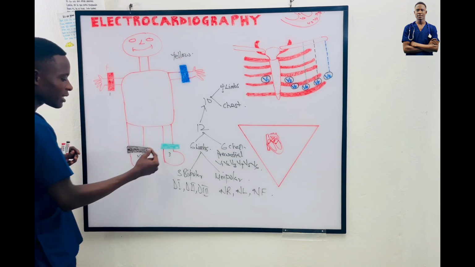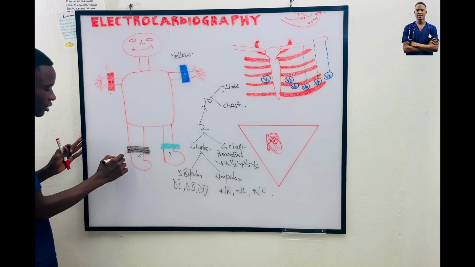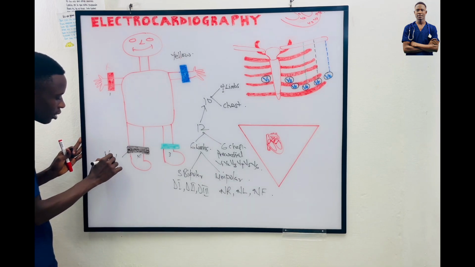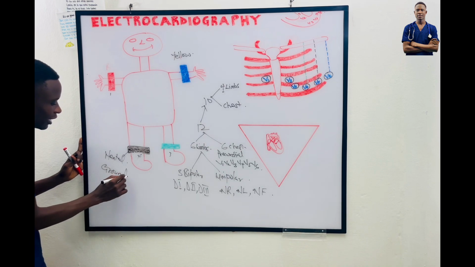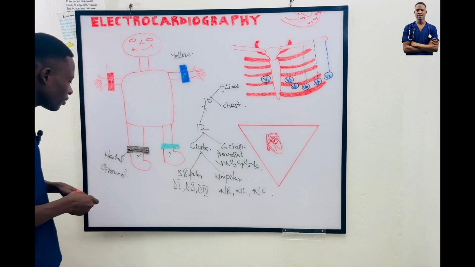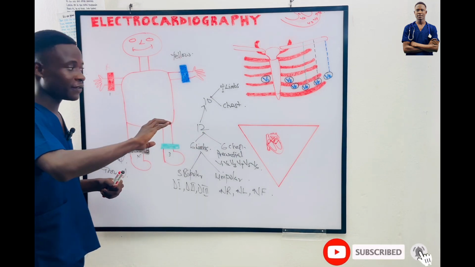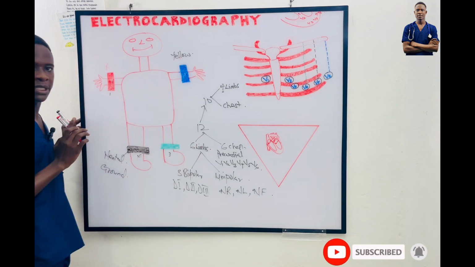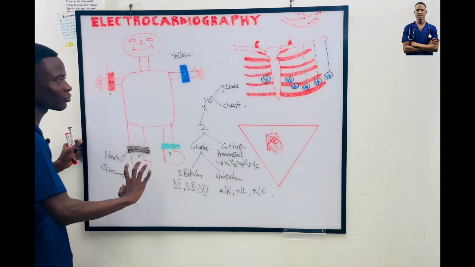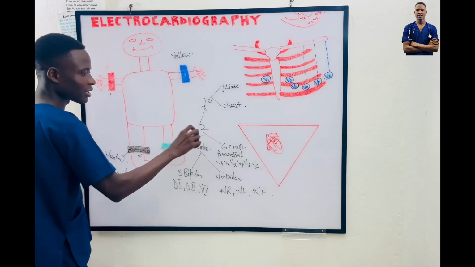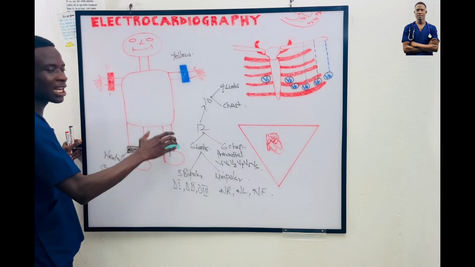What it is called is the neutral electrode, or ground electrode. And what it does is eliminate any external electrical activity that may interfere with the process. Do you understand? So this one won't form part of the process that we are going to talk about, but it is actually protecting the process that we are going to do.